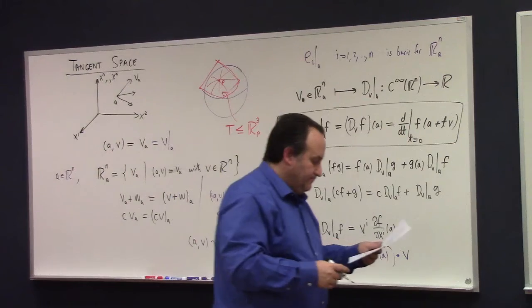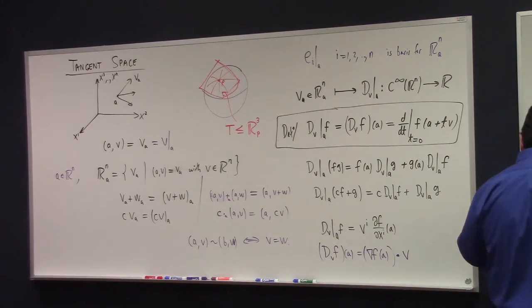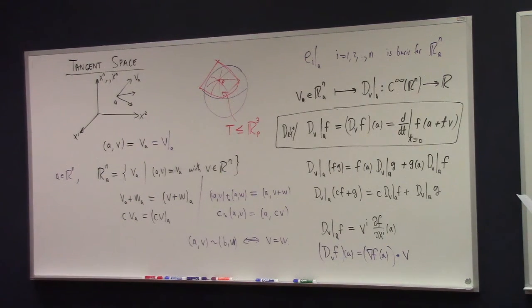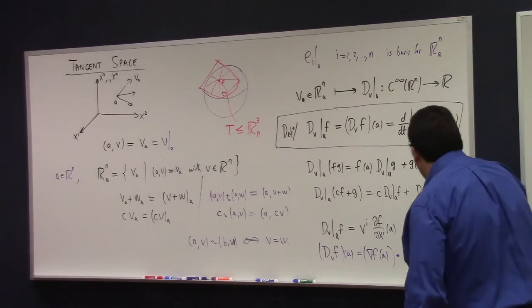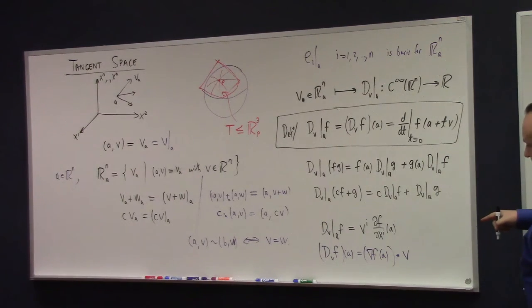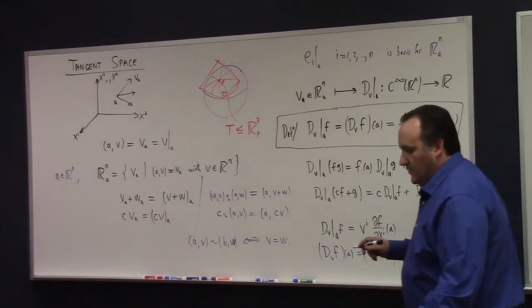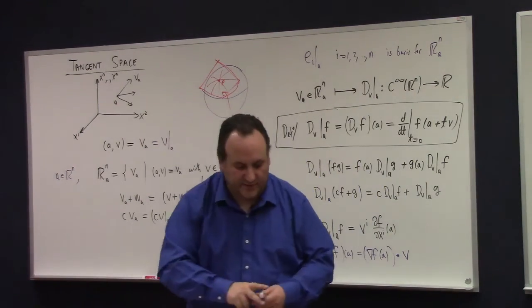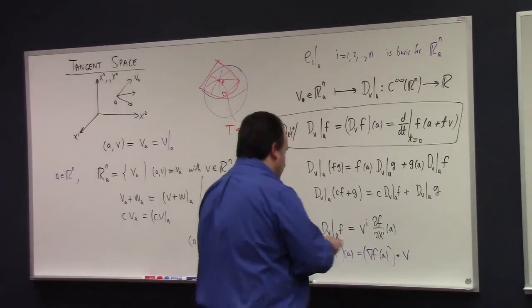Okay, so what's a particular case here? What happens if you put v equal to the standard basis vector?